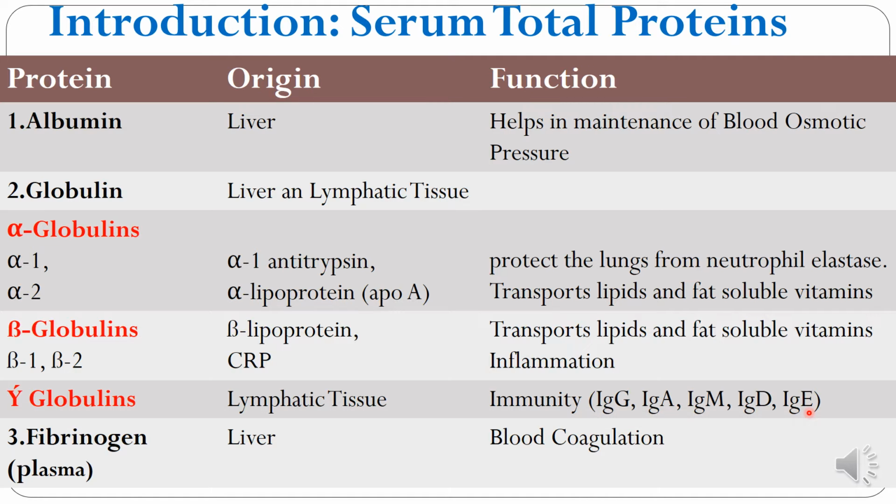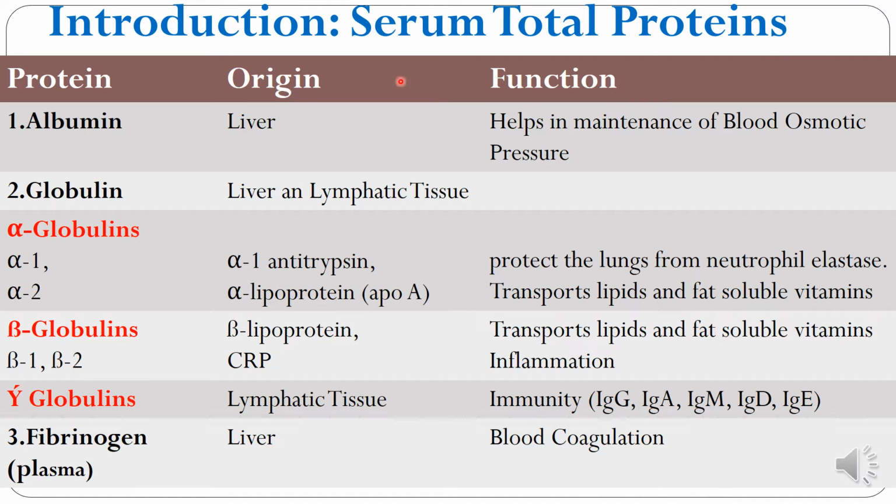They provide us immunity. Now, if instead of serum we take plasma, then there is a third fraction apart from albumin and globulin, which is fibrinogen. And this fibrinogen protein is also synthesized in the liver and it plays an important role in coagulation.